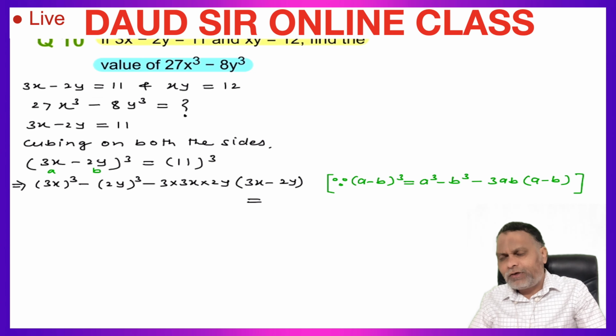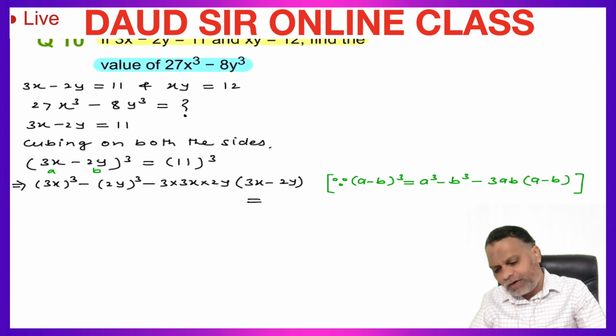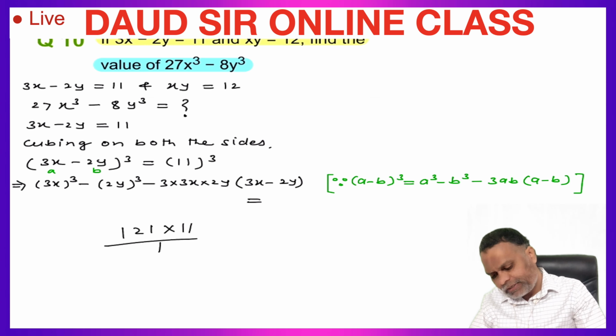11 cube, 11 into 11, 121 and 121 into 11 is equal to 1331.